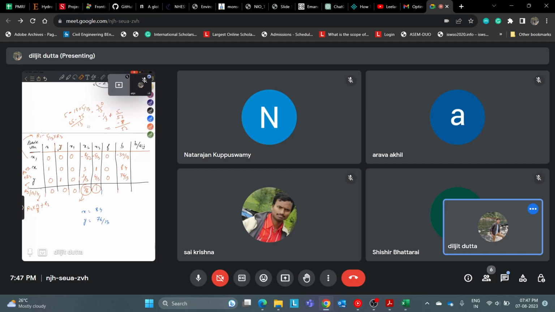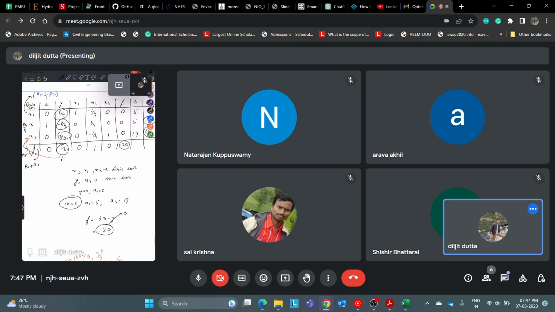Okay, instead of this operation I think we made one mistake here. It shouldn't be R2 into 13 plus R3. We should go with R2 plus 1 by 13 into R3. We do all the operations with the pivotal row, that is this row. So this will be 0 here.